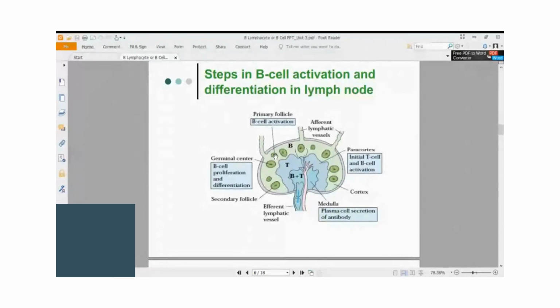And the first contact of the B lymphocyte, which happens in this cortex area, with the non-self antigen will always be a low affinity interaction.